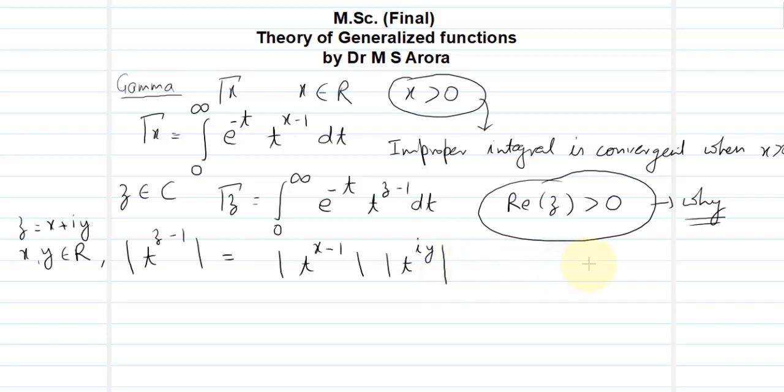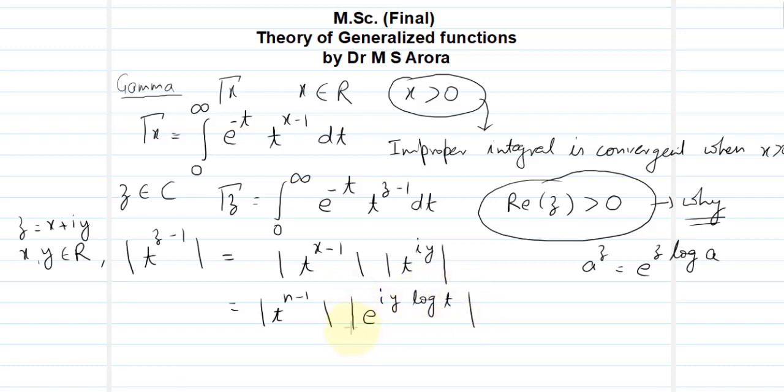And you know that a to the power z is e to the power z log a. So we can write t to the power iy as e to the power iy log t.